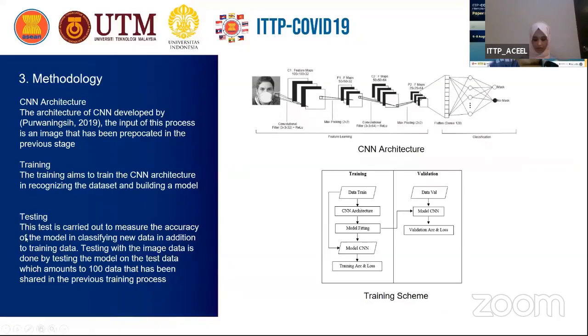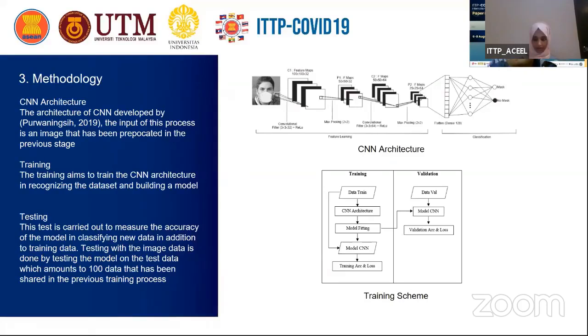And the last is testing. The testing is carried out to measure the accuracy of the model and classify new data in addition to the training data. Testing with the image data is done by testing the model on the test data, which is 100 data that were separated in the previous training process.